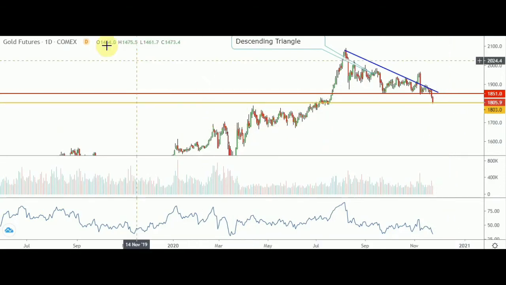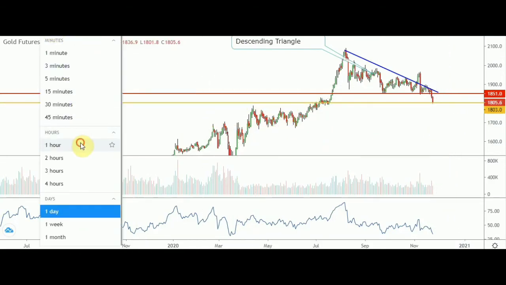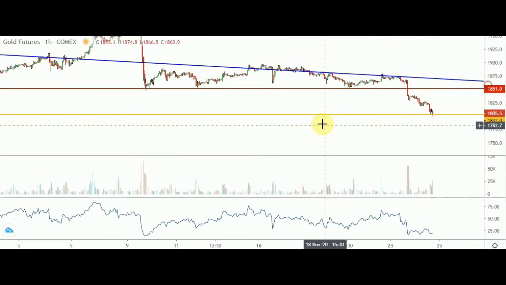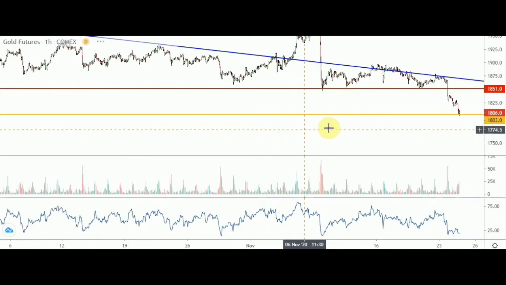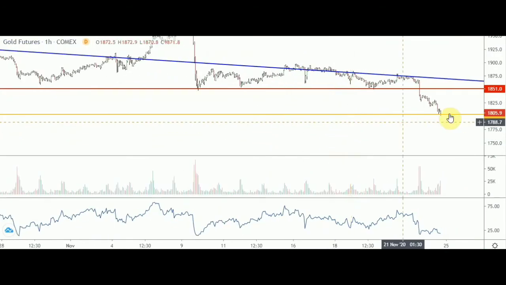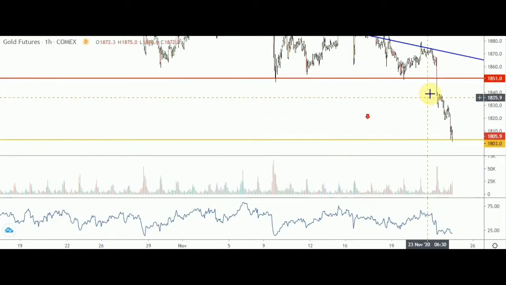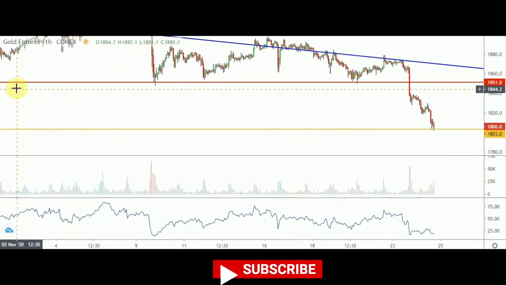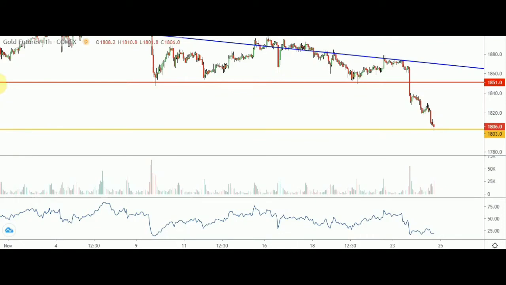Now let me show you the hourly chart. I want to show you when and where I executed this trade recently. You know that I have made a custom tool which I have coded in Pine Script. Now let me draw one line here.